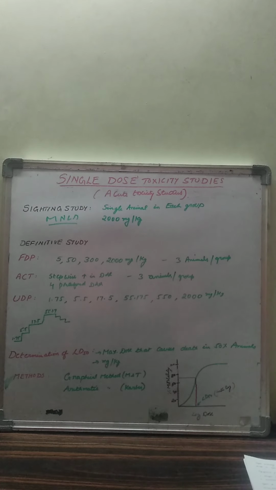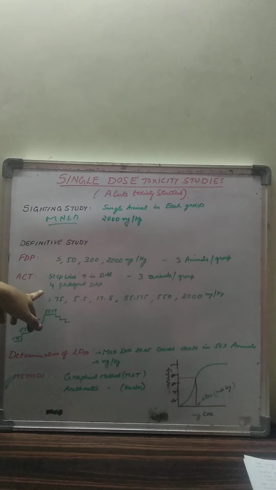But if 2 to 3 animals die, in such cases you have to say that it belongs to class 1. Like that you proceed with this ACT. In the ACT, all the animals do not receive the doses at a time, but in a stepwise manner. That's why it is called the acute class toxic method.